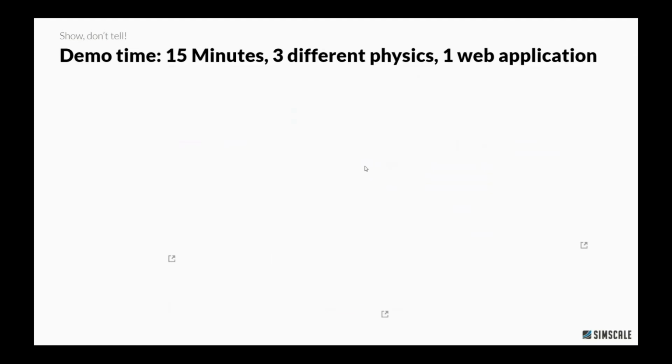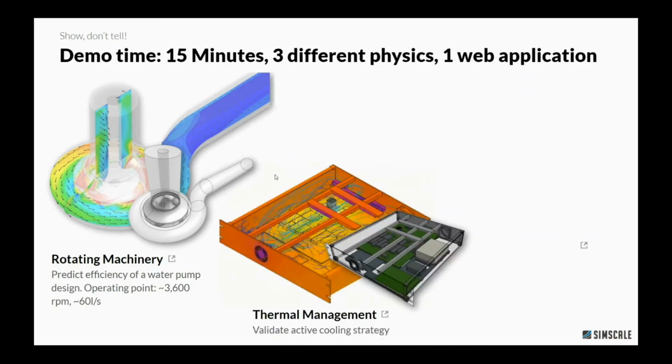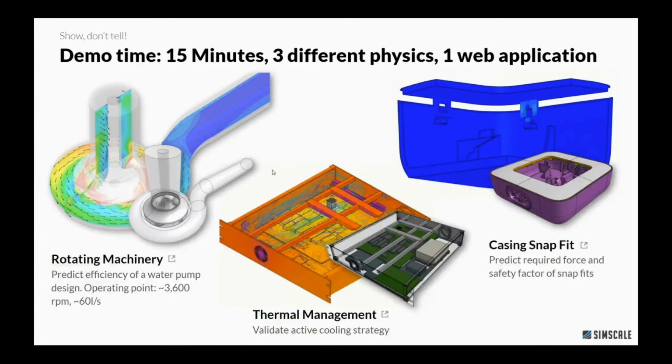All right, that was now 10 minutes of theory, so I think it's time for some practice, some action. We're going to talk about 3 different applications. We're going to look at a rotating machinery simulation, a thermal management application, as well as a structural analysis. We can see here a nonlinear snap-fit.